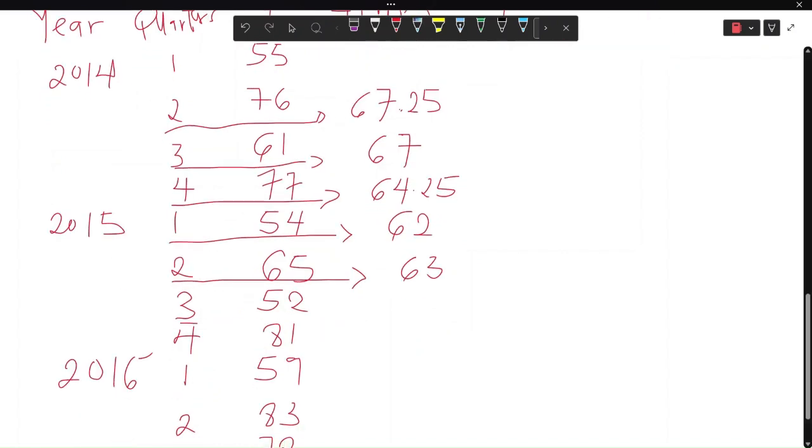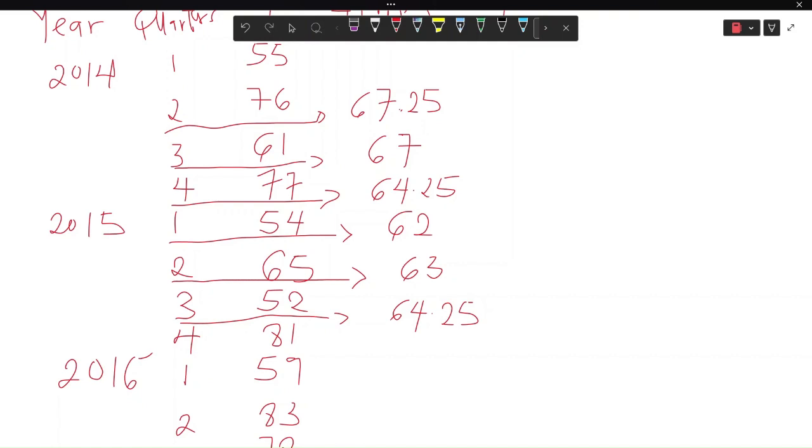And then we have 65 plus 52 plus 81 plus 59, divided by 4, 64.25.